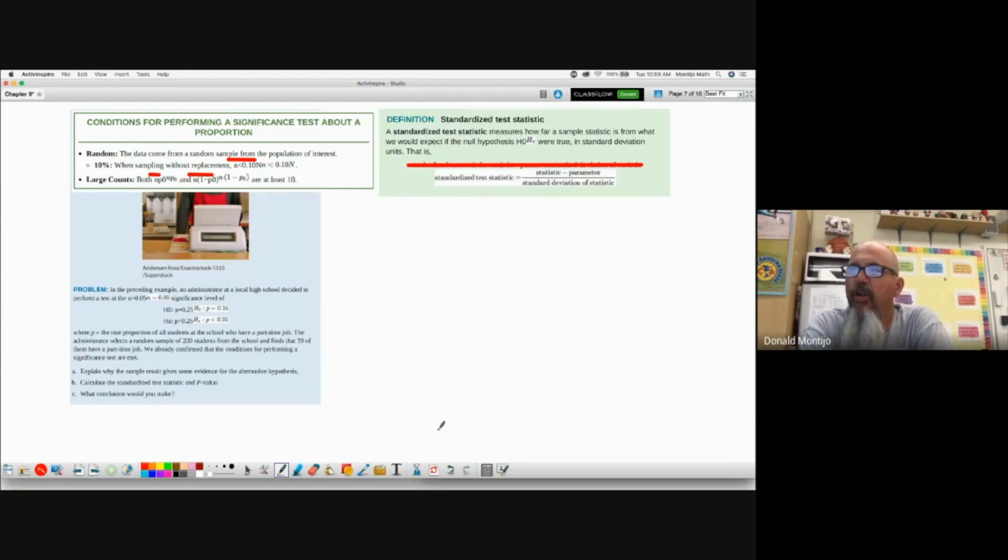An administrator at a local high school decided to perform the test that the proportion of students who have a part-time job is less than 25%. So you can see the null and alternative right here. What is P?